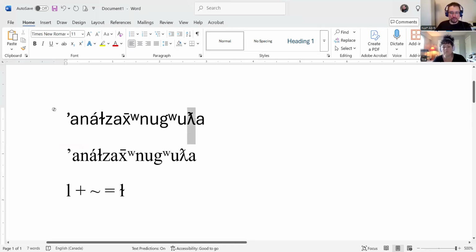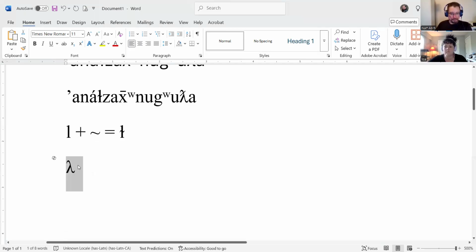If you look at this symbol here, this is called a barred lambda. So if I go further down here, this is a lambda. It comes from the Greek alphabet, and it makes a DL sound.